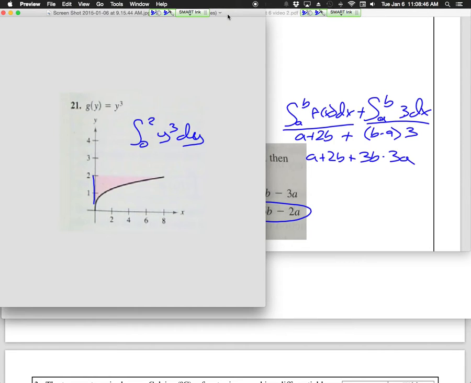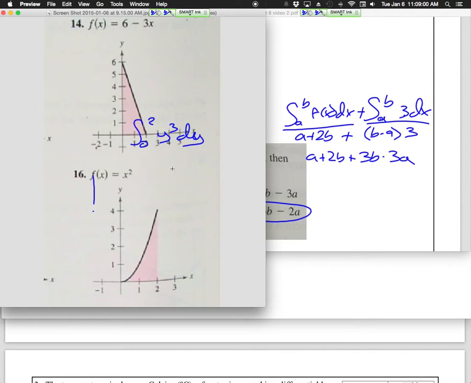If the area is trapped between the function and the y-axis, I need to be in terms of y. So it's got to be 0 to 2, and then I've got to have a y here. On the first two, where was the area trapped? Between the curve and the x-axis, and my integrals were in terms of x. So if it's trapped between the x-axis and the function, you use x. If it's trapped between the function and the y-axis, you need to use y.